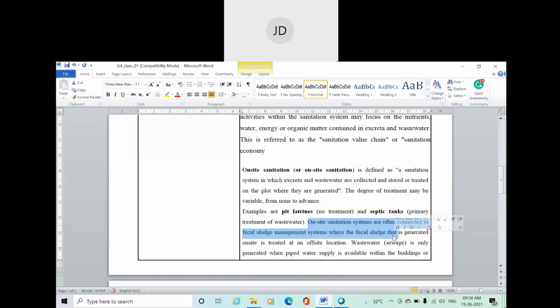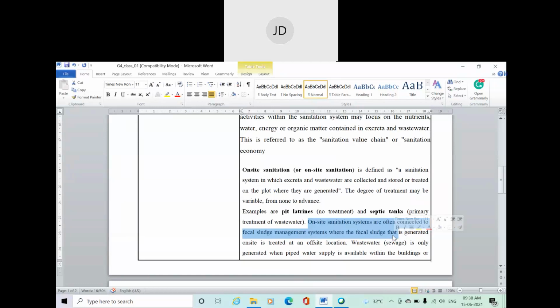So fecal sludge is basically a slurry that contains both solid and liquid waste that accumulates in on-site sanitation systems. For example, in a septic tank, it is the raw or partially digested slurry that results from the collection, storage, and treatment of a combination of the excreta and the black water.